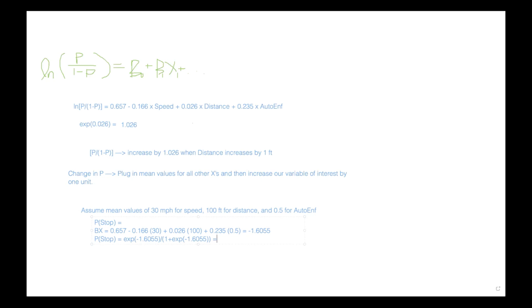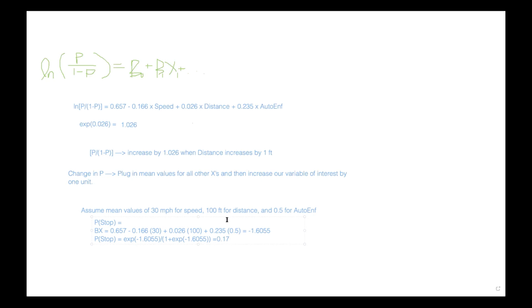Under these conditions, with a 30 mile per hour speed when the light turns, a driver 100 feet away, and auto enforcement present, their probability of stopping is equal to 0.17 roughly. So they'd have a 17% chance of stopping in that case.